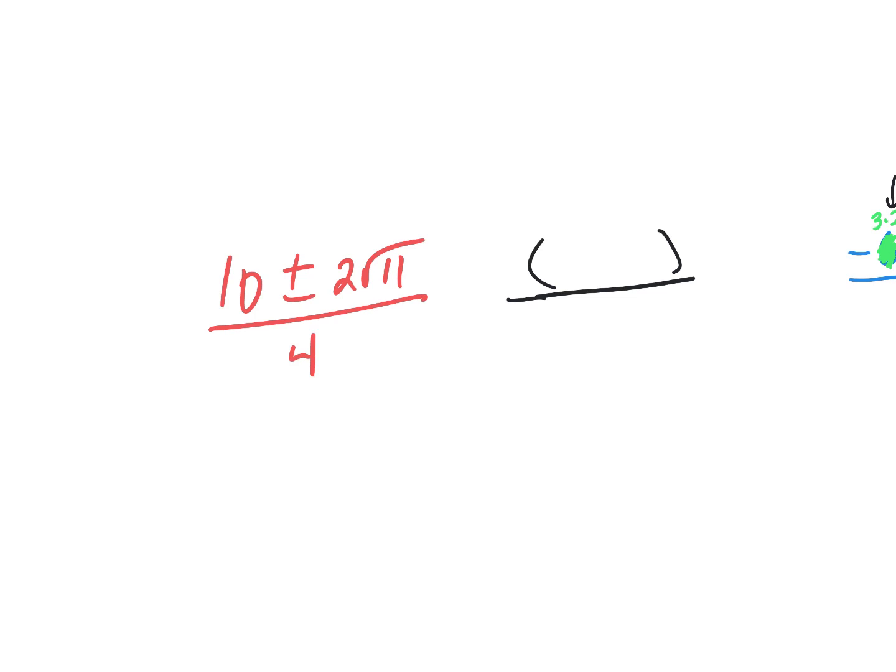Pause for a second and give that a try. Keep going. You're doing well. 2 comes out, and then what do I have left in the parenthesis? That's it. What do you think I should do with the 4 on the bottom?